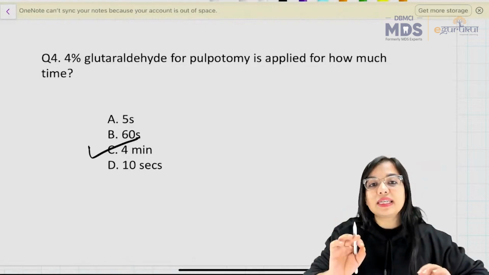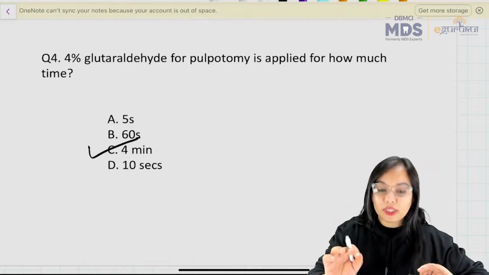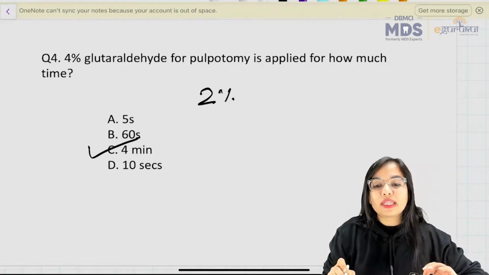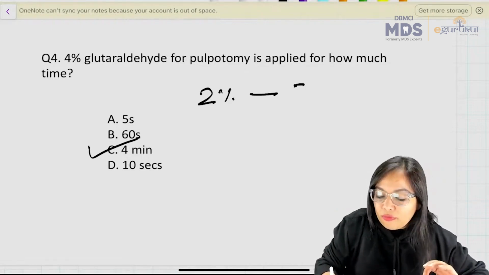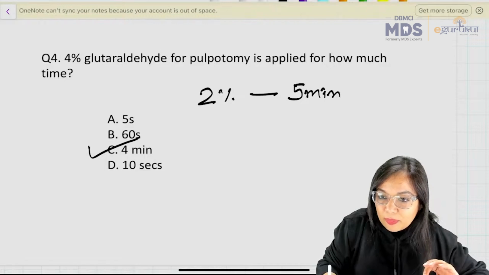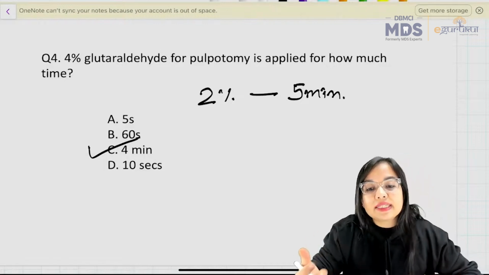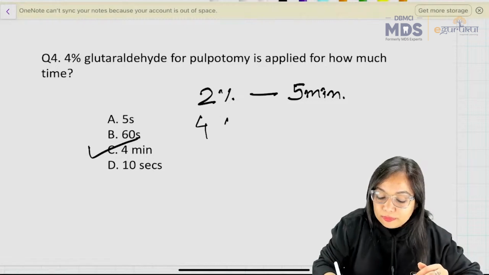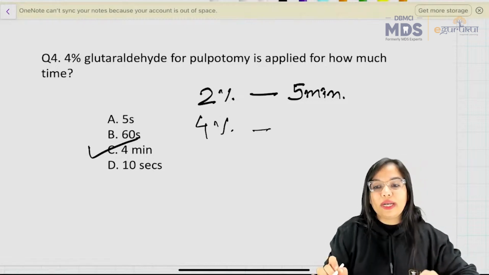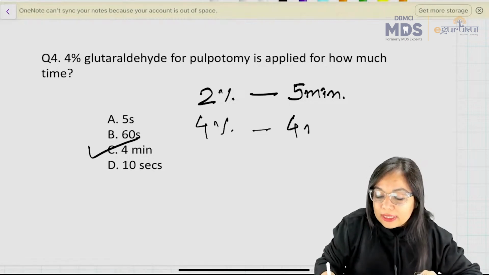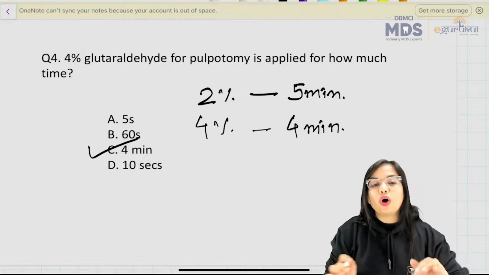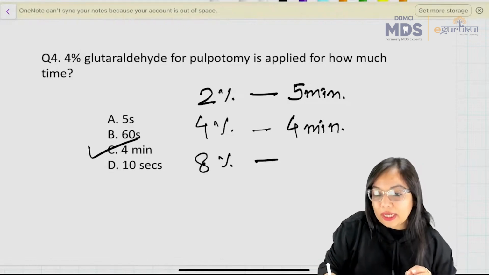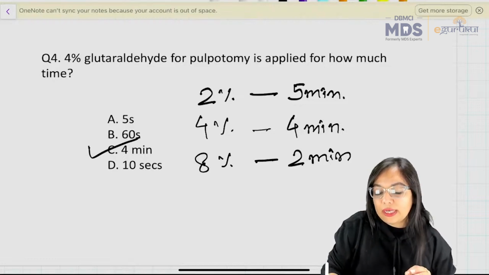The best clinical result will be obtained by the use of a 2% solution with an application time of 5 minutes. Greater success is anticipated if you use a 4% solution of glutaraldehyde for 4 minutes, or a 2-minute treatment time with 8% glutaraldehyde solution.